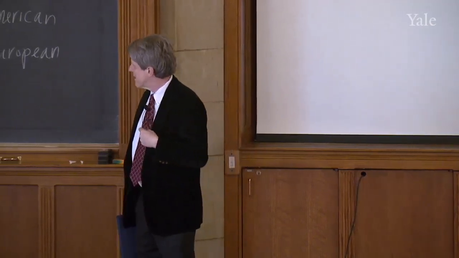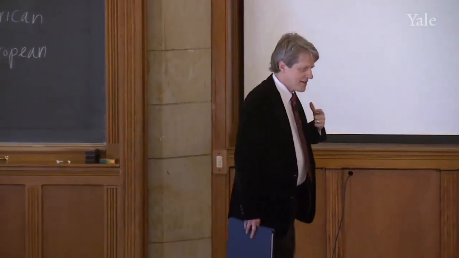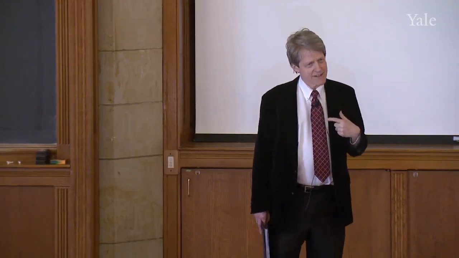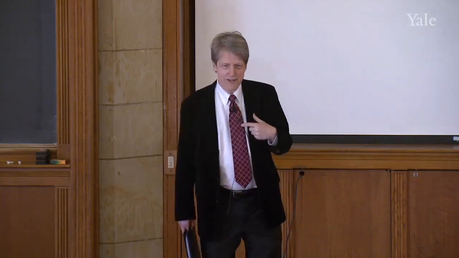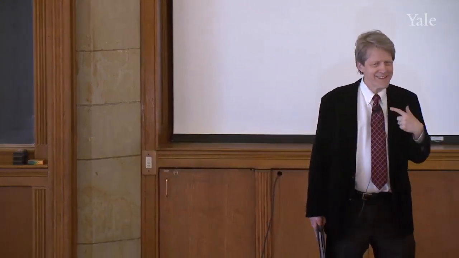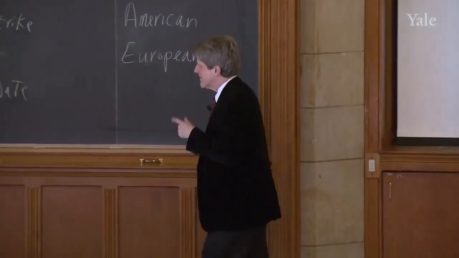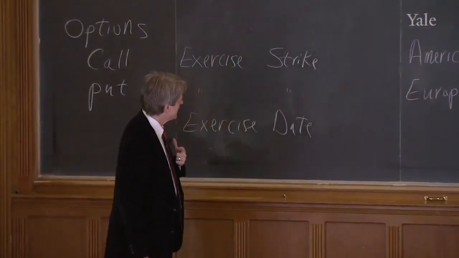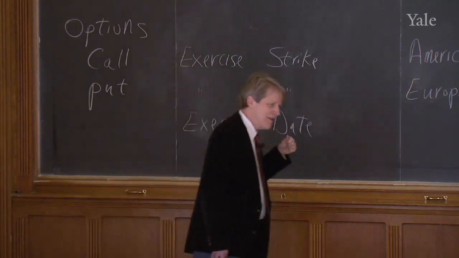We'll get back to that. But in a sense, let's think about this. Stocks themselves are options, in a sense, with a zero exercise price. Maybe I'll have to get back and explain that in a minute. But let me go ahead to other examples.